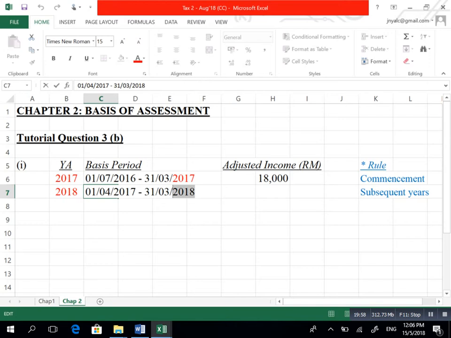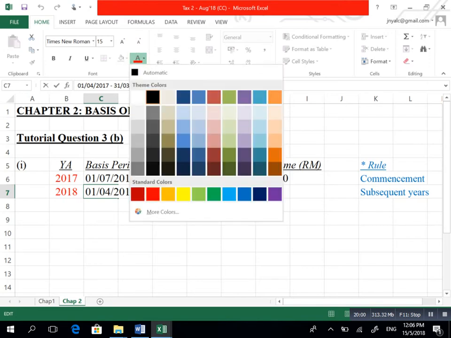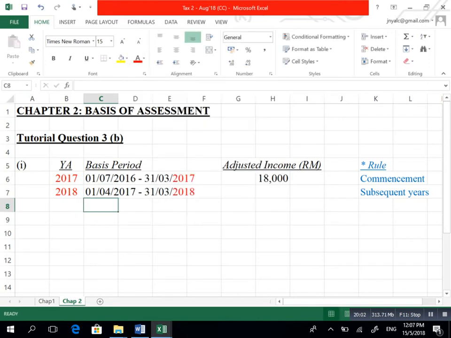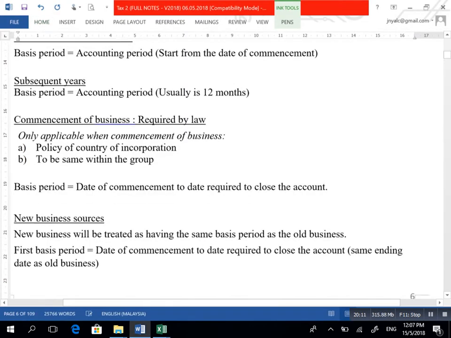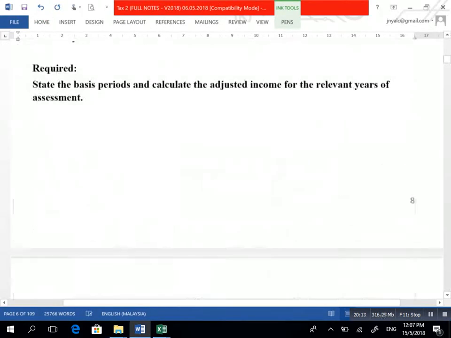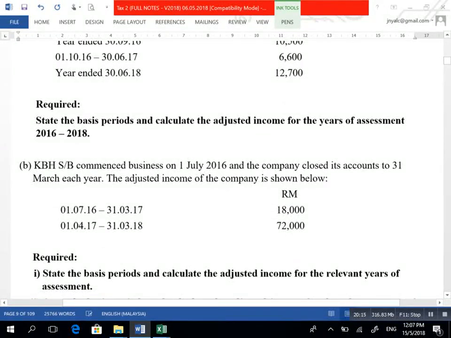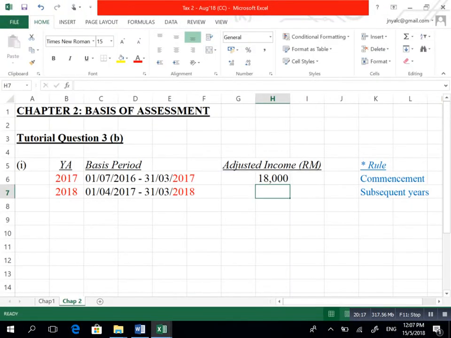Any changes on your adjusted income? No, you should follow the same. Adjusted income is 72,000. So part 1 we are done, only determining for these 2 years. Now continue with part 2.